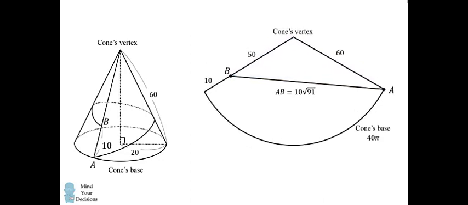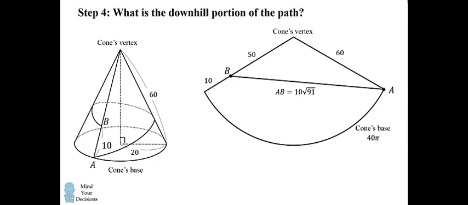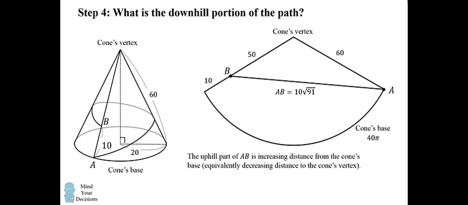So we're making good progress. But now, what is the downhill portion of the track? We know the total length of the track, but we're asked to figure out the downhill portion. So the uphill part of AB is increasing distance from the cone's base, which is equivalently decreasing distance to the cone's vertex.